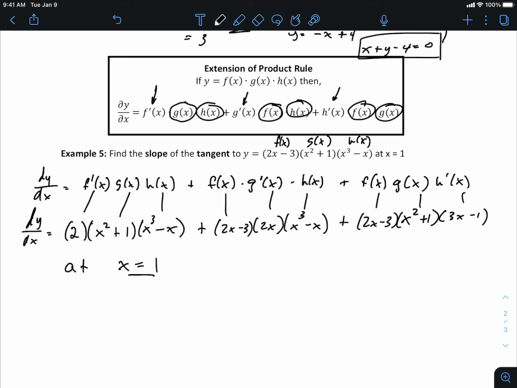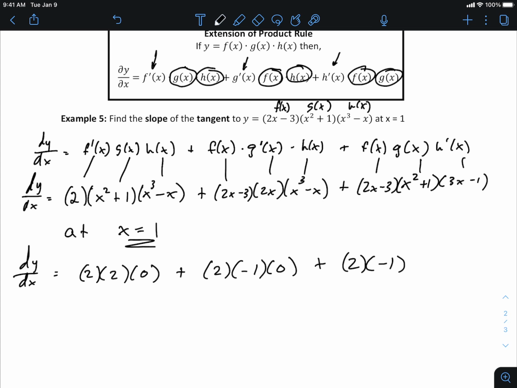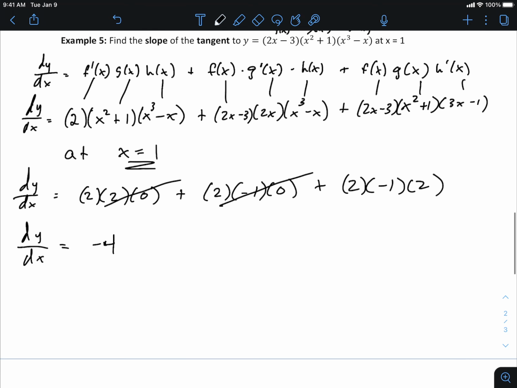At x equals 1, dy by dx is going to equal 2 times 2 times 0 plus 2 times negative 1 times 0 plus 2 times negative 1 times 2. So it looks like these terms are going to just wipe themselves out. It looks like I'm going to get dy by dx equal to negative 4. Okay, and so the slope of the tangent is negative 4.